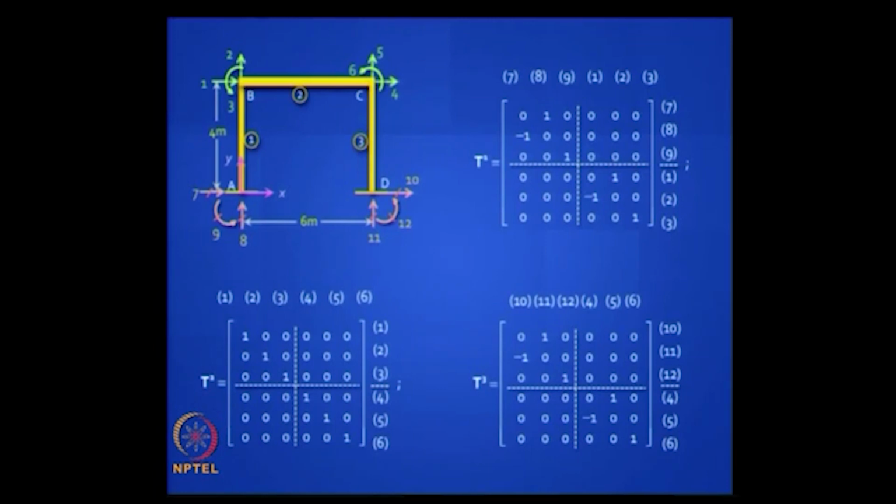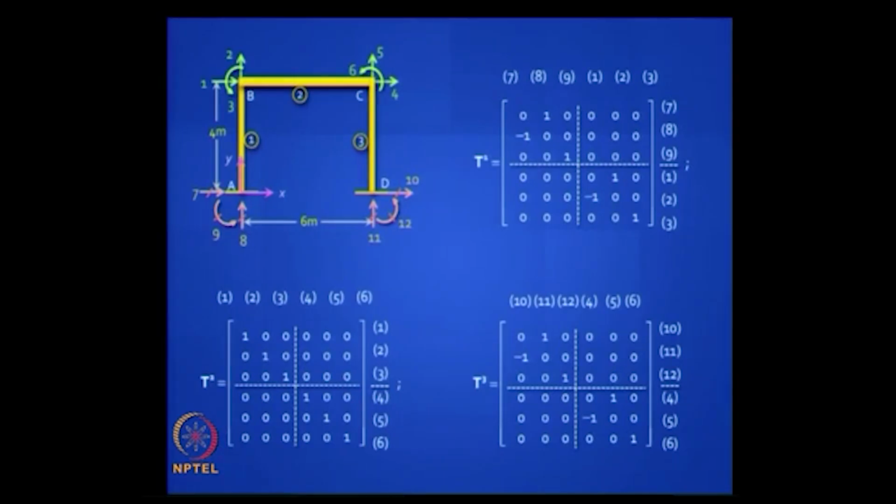For the second element it is clean 1, 2, 3, 4, 5, 6 because they are all active degrees of freedom. For the first element it begins with 7, 8, 9 and then 1, 2, 3, and for the third element it is 10, 11, 12, 4, 5, 6. We are starting, the start node is at D, not at C in this particular case. You can choose your own sign convention. Is it clear?